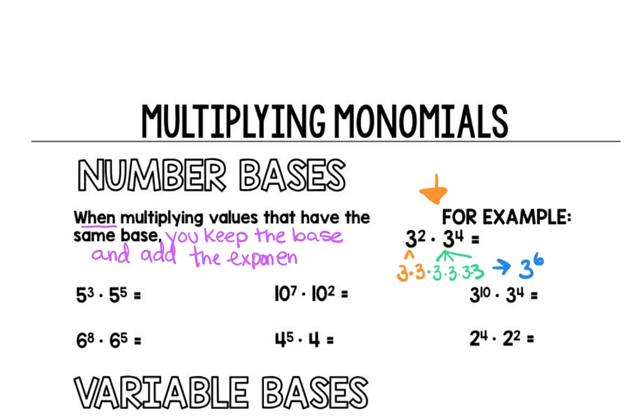Okay, so if we go back here, 3 squared, or 3 to the 2nd power times 3 to the 4th power is 3 to the 2nd plus 4th power, or 3 to the 6th, which is exactly what we got here. Try these examples on your own.